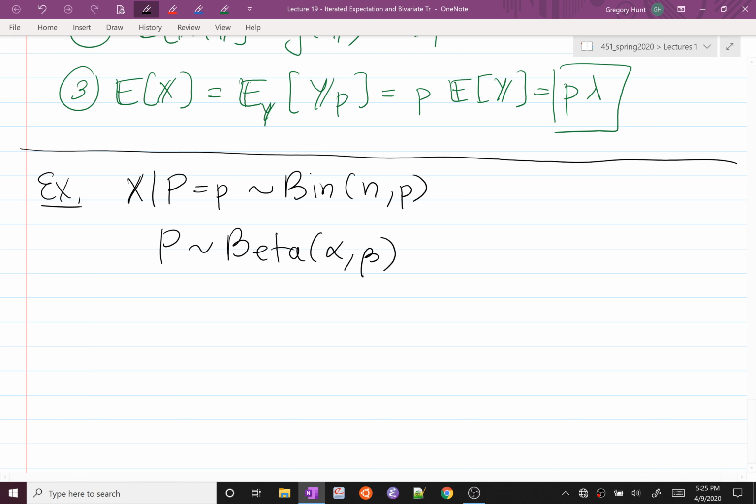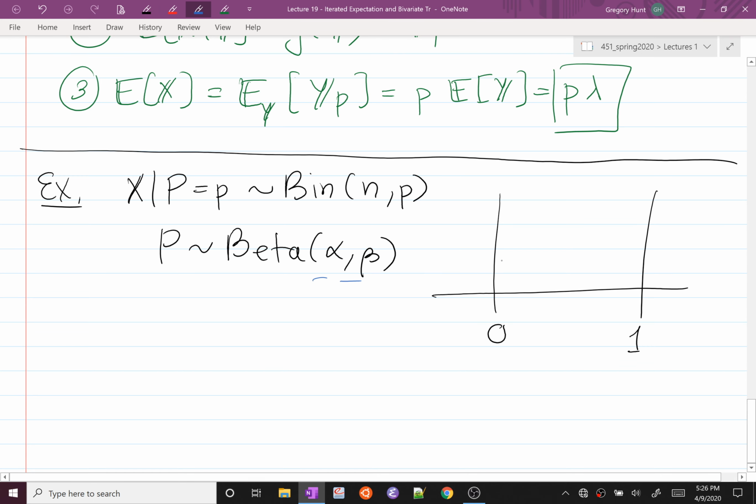So instead of the number of samples in our binomial experiment being random, now we have the probability of success being random, right? If you recall, the beta distribution is distributed between 0 and 1, and depending on the parameters alpha and beta, has some shape there. So it's a reasonable type of random variable for the probability of success. It's bounded between 0 and 1, which has to be true of probabilities.